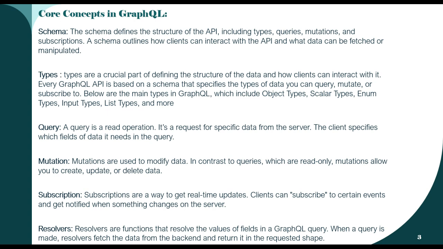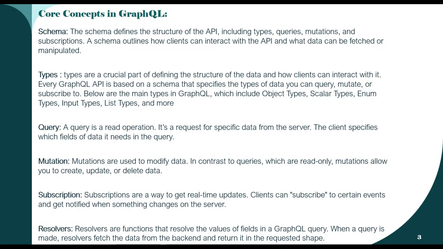Now we discussed types. What exactly is a type about? It is a critical part of defining the structure of data and how the client can interact with it. Every GraphQL API that we define and use is based on the schema that we define, like the type of data you can query, mutate, and subscribe to.